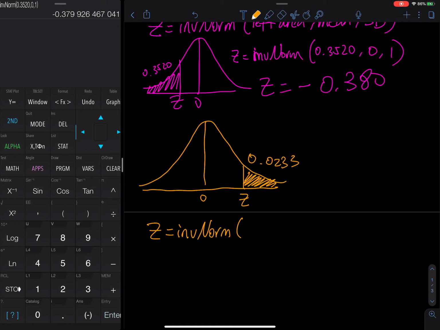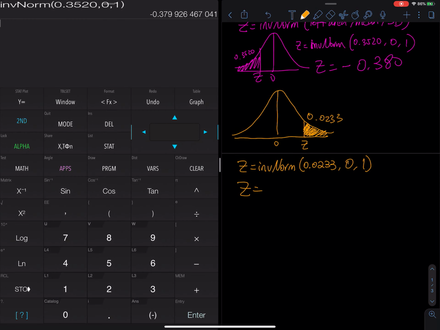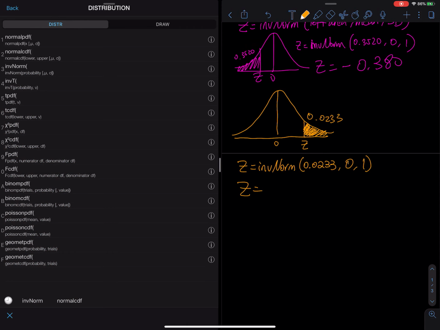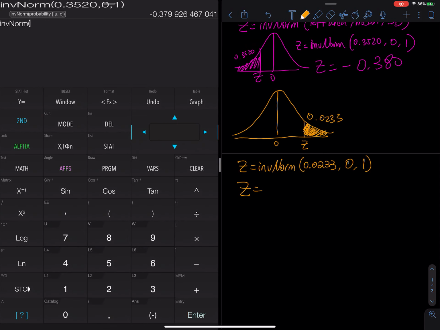Trust me. Just put the area in, 0.0233. But you know that this is on the right because you can see it. The mean is 0, the standard deviation is 1. So let's do it first: second VARS, inverse norm 0.0233, comma 0, comma 1, and then you hit enter.